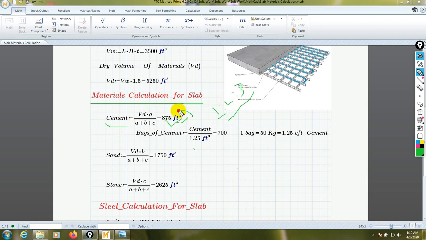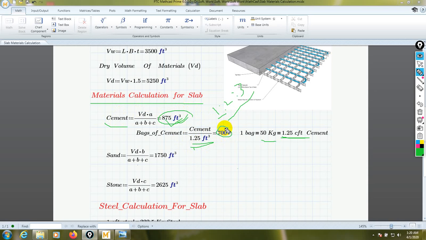After that, we divide that value by 1.25, because the volume of one bag of cement, 50 kg, is 1.25 CFT. That's why, to find the number of bags, we divide the cement volume by 1.25. So our required cement is 700 bags.